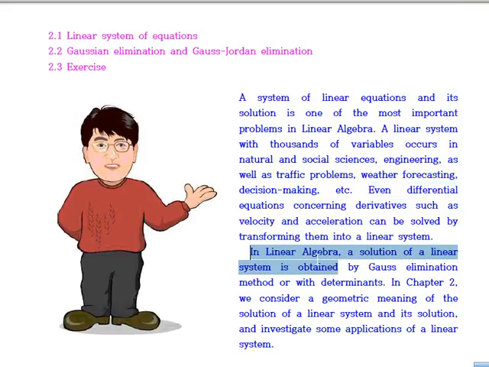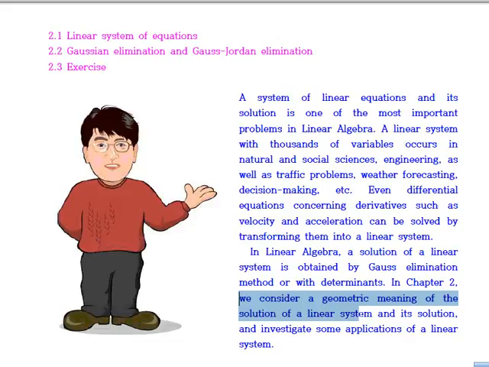In linear algebra, a solution of a linear system is obtained by the Gaussian elimination method, or with determinants. In this chapter, we consider a geometric meaning of the solution of a linear system and investigate some applications of the linear system of equations.